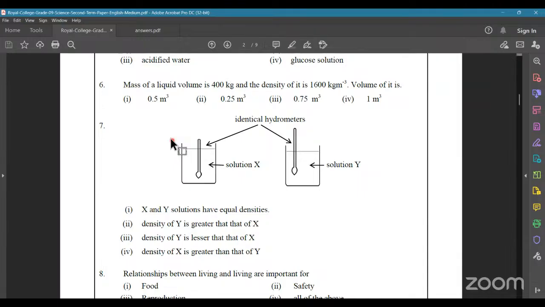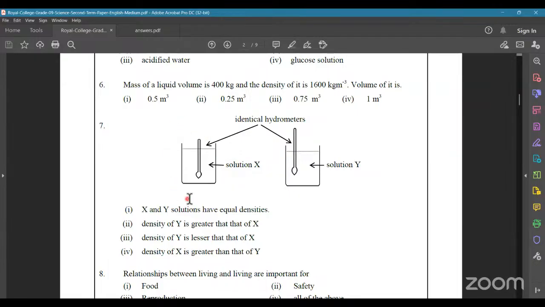Actually, we use hydrometers to measure the density. Okay, so the more the immersed part of the hydrometer is, the lower the density of the liquid. That means if the hydrometer sinks more, the solution's density is low.